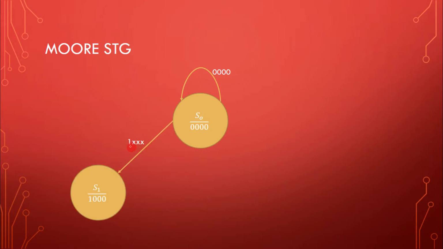But when device A, which is represented here by S1, is requesting to access the bus, then this output will be enabled and device A will be served. Here we have don't care conditions because device A has highest priority.